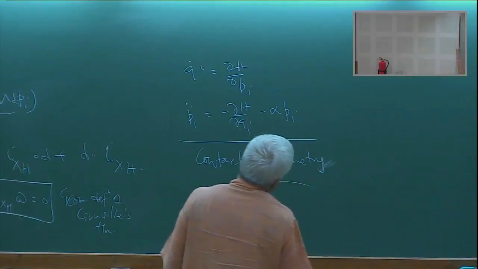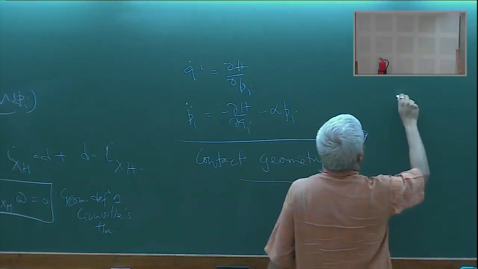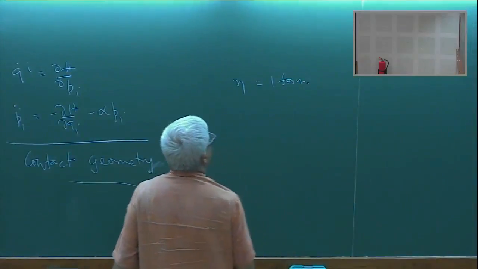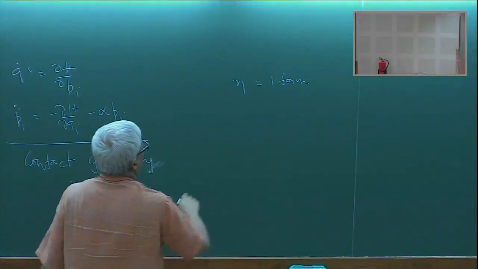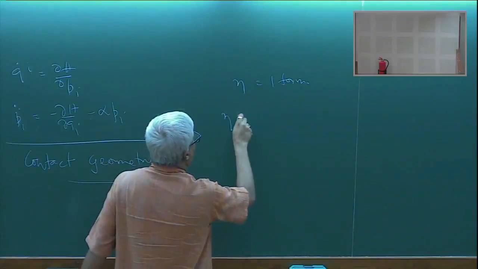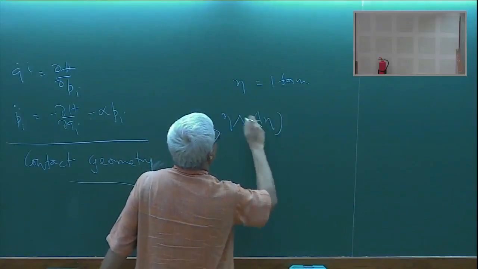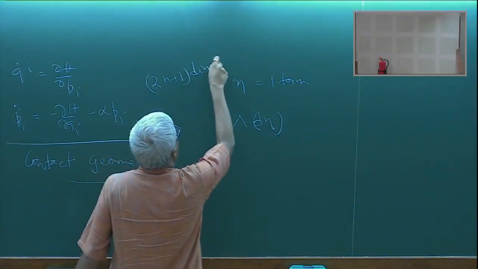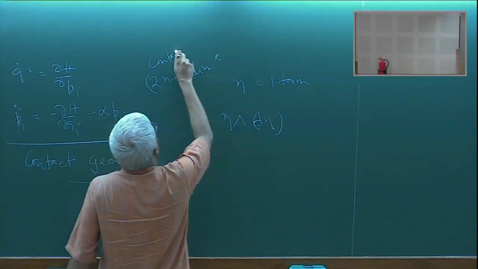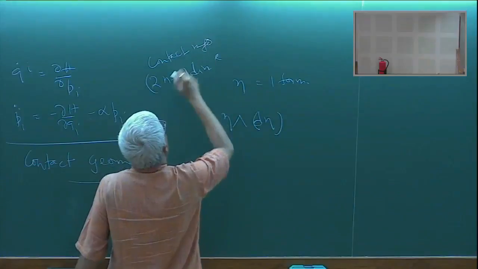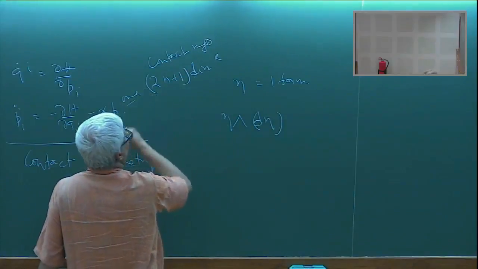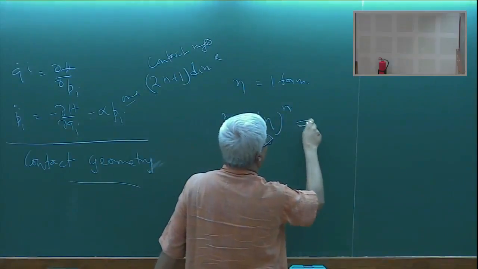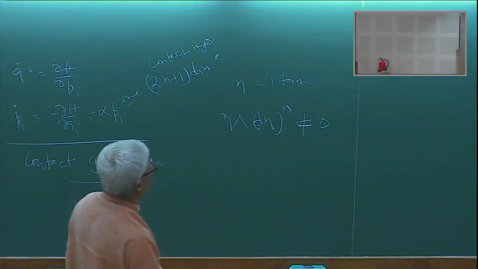So let's start. Suppose η is a one form, and you know all contact manifolds are 2n+1 dimensional. The manifold is 2n+1 dimensional, and dη is 2n dimensional. So η ∧ (dη)^n is a volume form, which is of course not equal to 0.